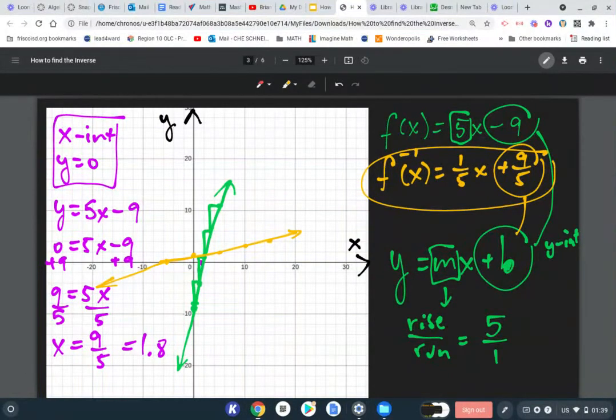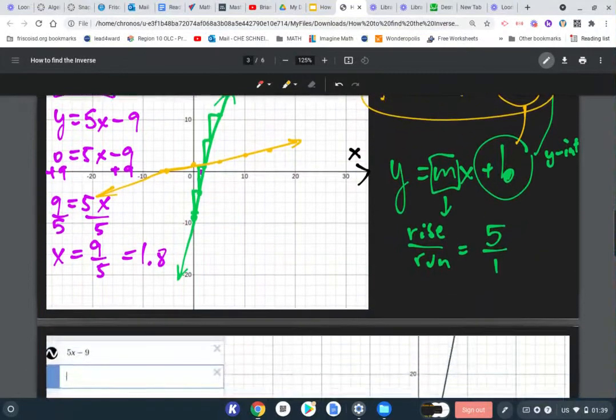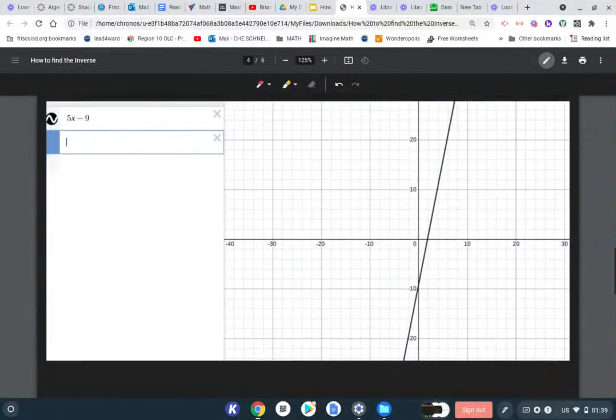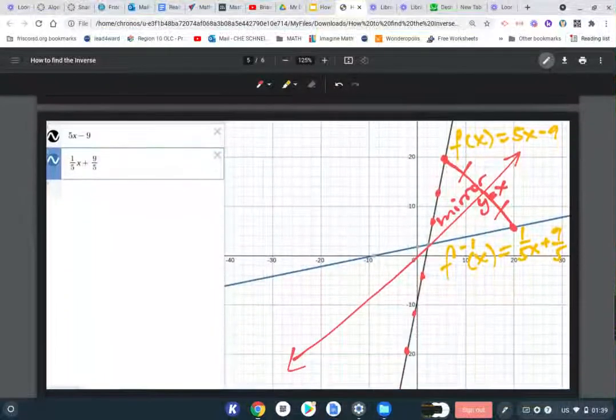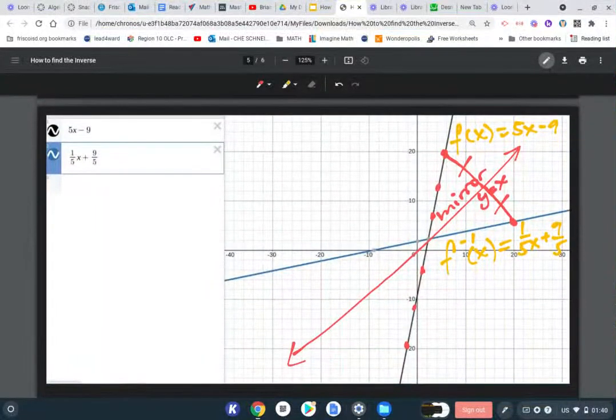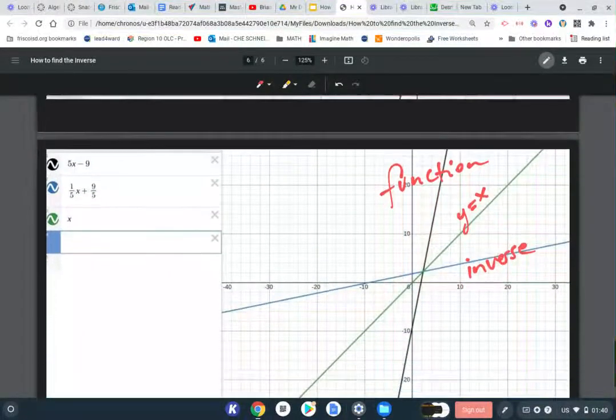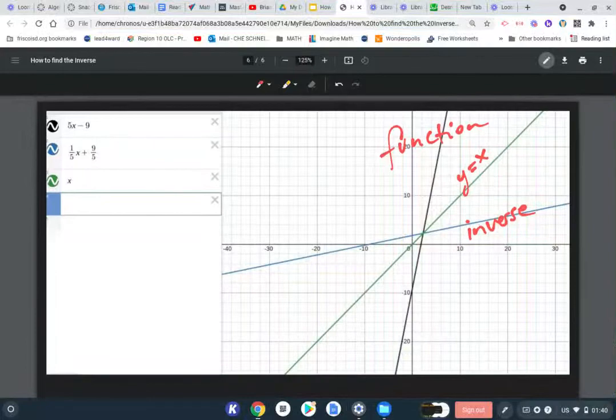From the y-intercept, off you go. And then we finished with using Desmos and having both of your lines showing and recognizing that y = x is your mirror line that mirrors the function and creates the inverse and vice versa.